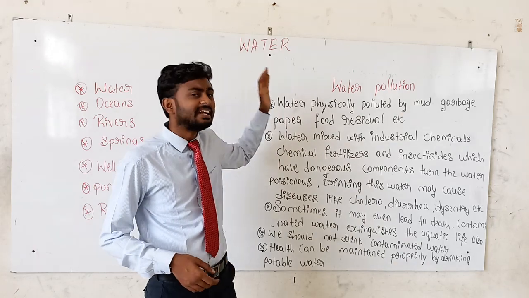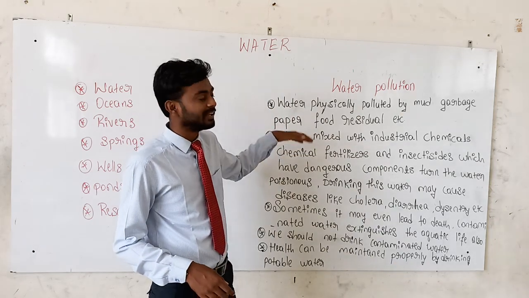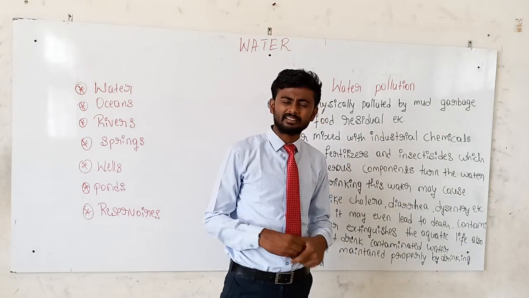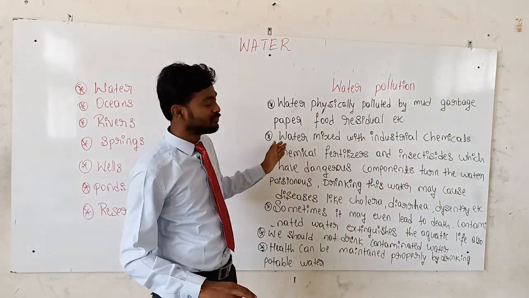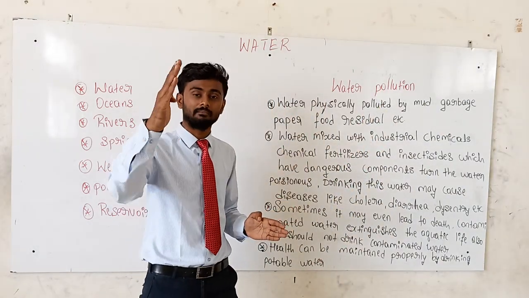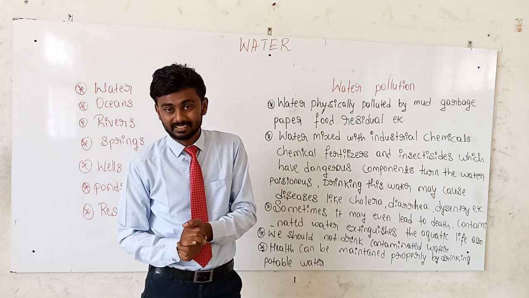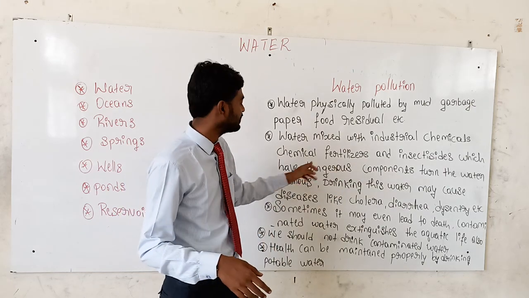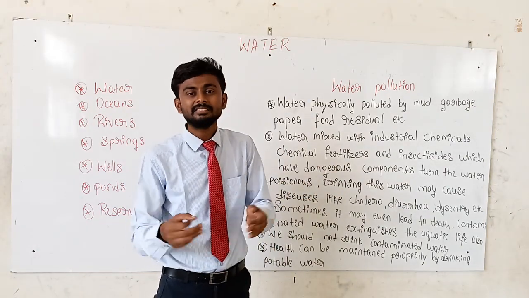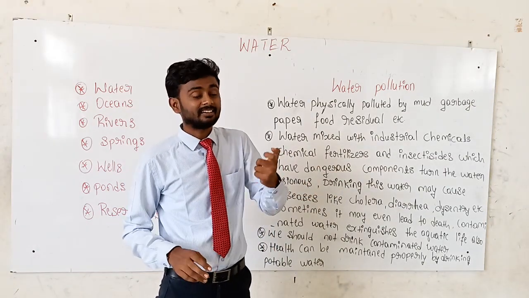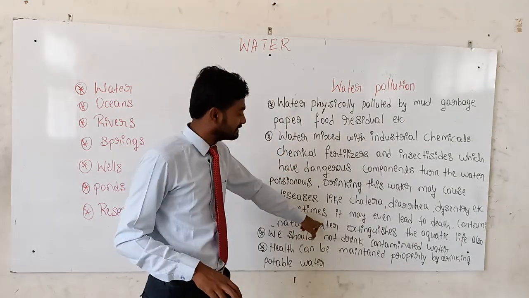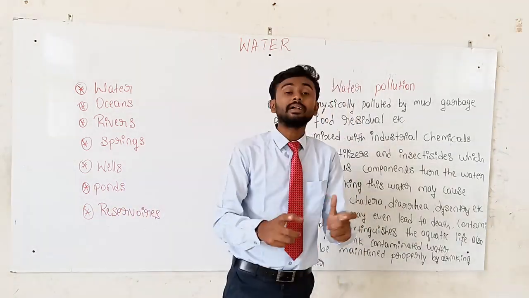If industrial waste, industrial chemicals, insecticides, or pesticides, whatever it may be, these unwanted materials are mixed with the water, the water will be poisonous. It means it is contaminated water.